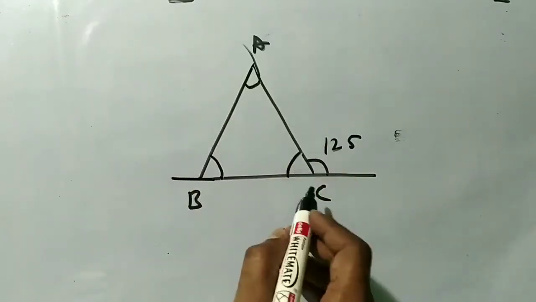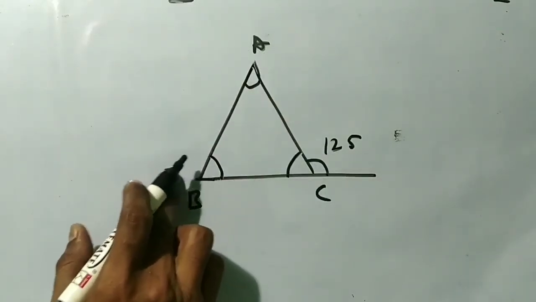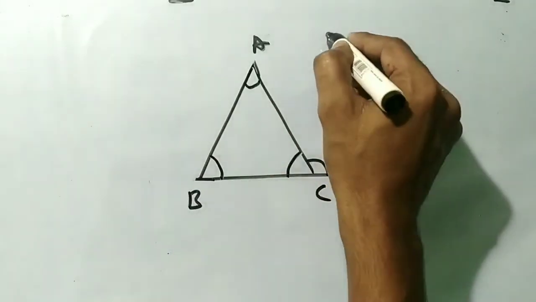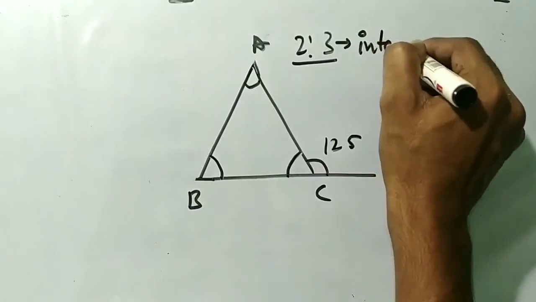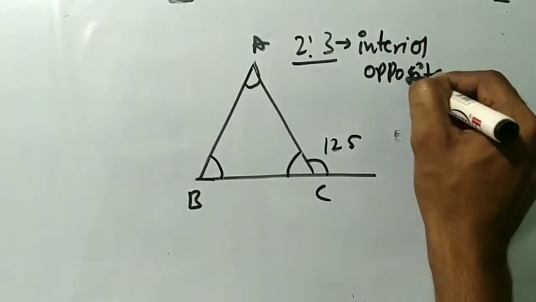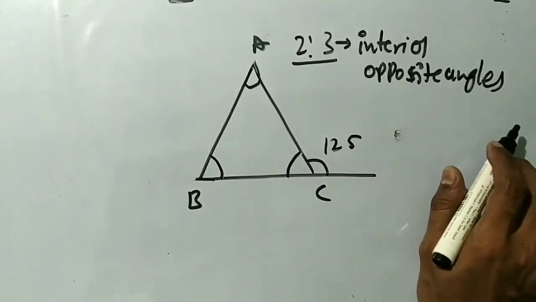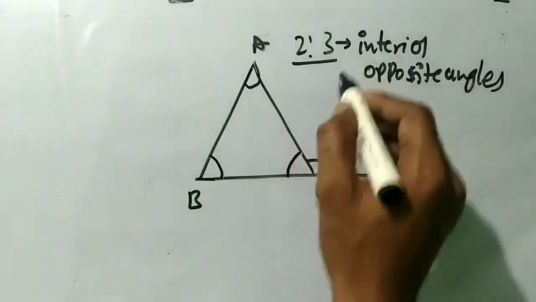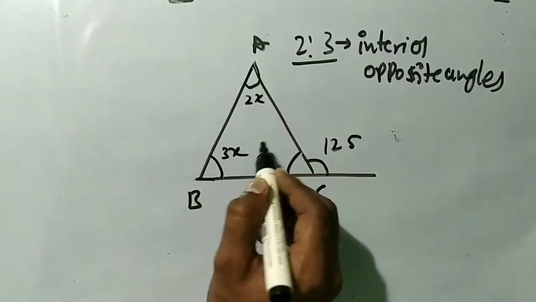One exterior angle is given, that is 125, and the two interior opposite angles are in the 2:3 ratio. My writing is a little bit ugly. So the interior opposite angles, let us consider this as 2x, and this is 3x.